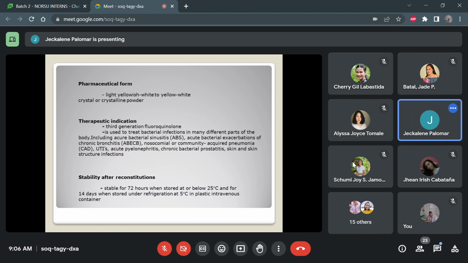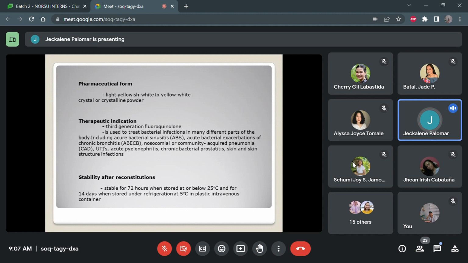It is a third generation fluoroquinolone. It is used to treat bacterial infections in many different parts of the body, including acute bacterial sinusitis, acute bacterial exacerbations of chronic bronchitis, nosocomial or community-acquired pneumonia, UTIs, acute pyelonephritis, chronic bacterial prostatitis, and skin and skin structure infections.